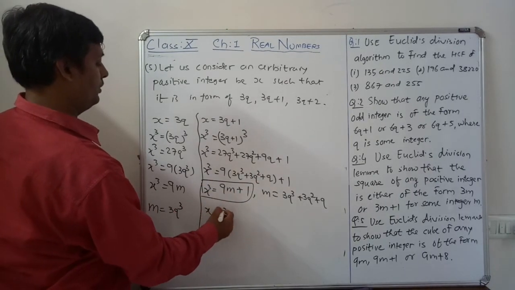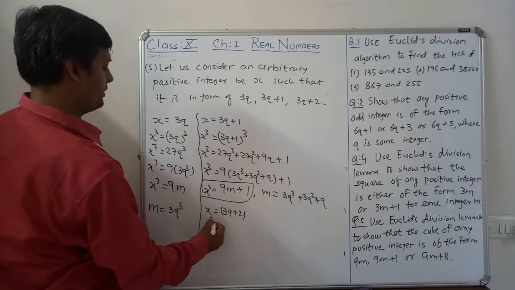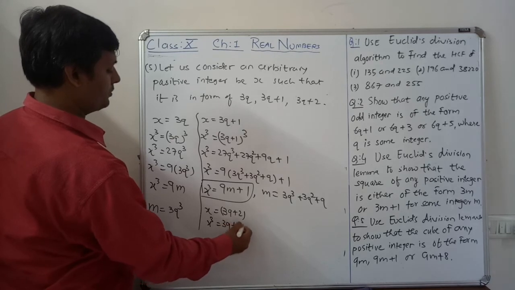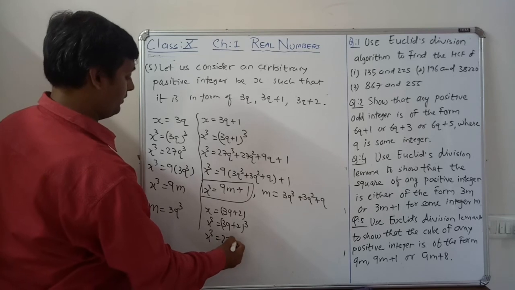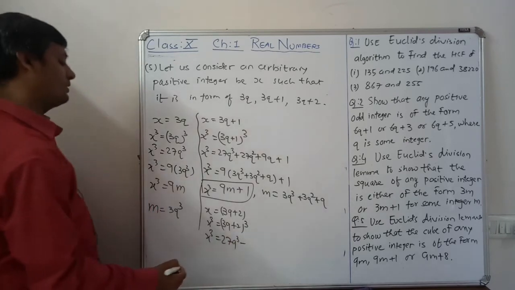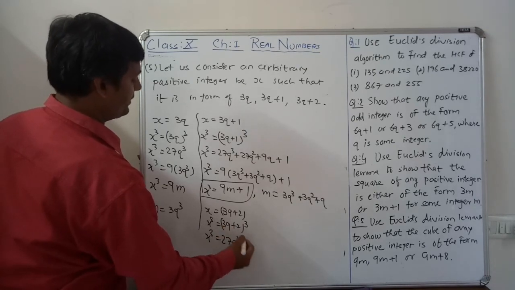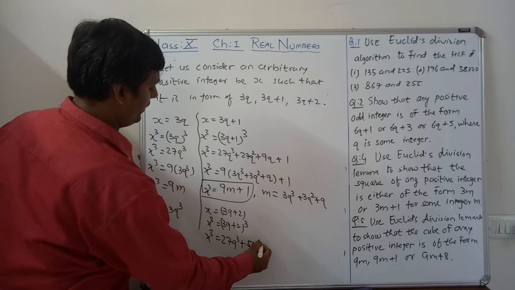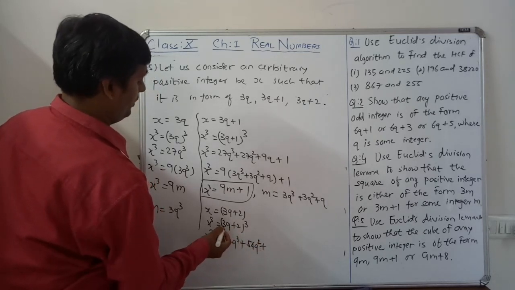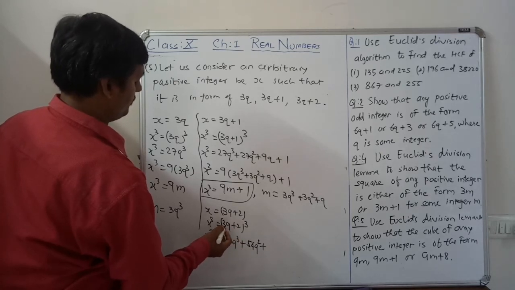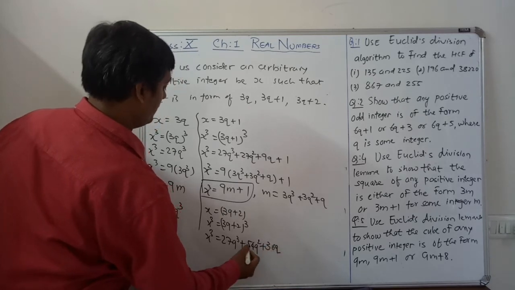Now x is equal to 3q plus 2, right? Okay, so x cube is equal to 3q plus 2 whole cube. Simplify this. So again 27q cube, plus 54q square, plus 36q, right?